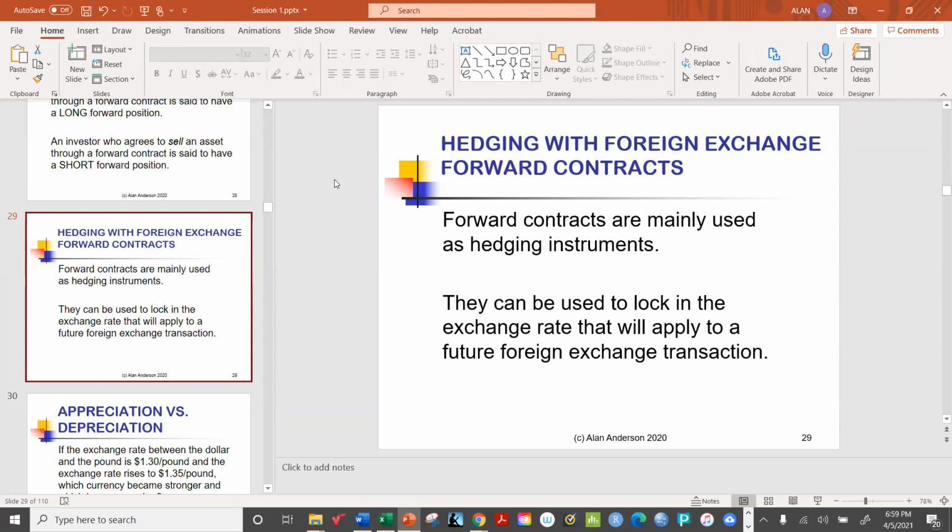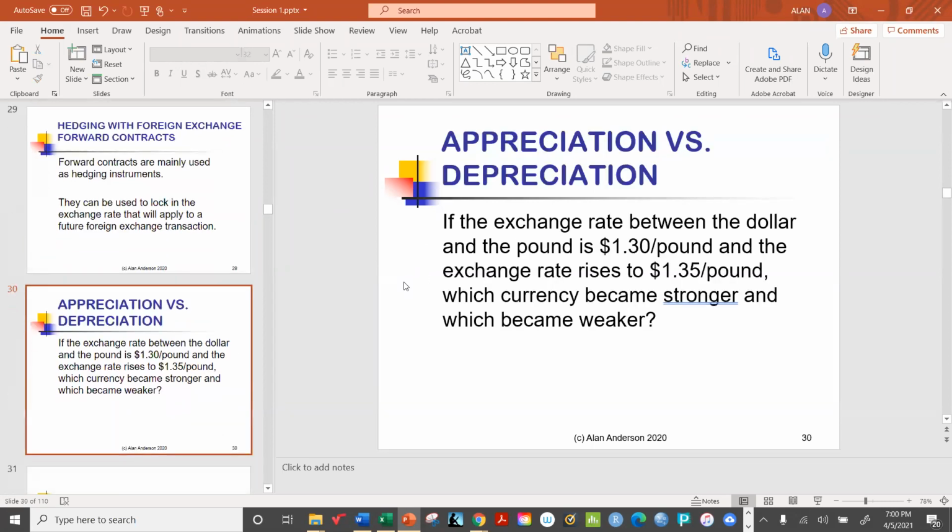So the contract can be used to lock in the price at which you can acquire a currency, buy it or sell it. Now, before we look at this more closely, we have to introduce a few more key terms. You may or may not already be familiar with these. For example, the words appreciation and depreciation refer to changes in the strength of a currency.